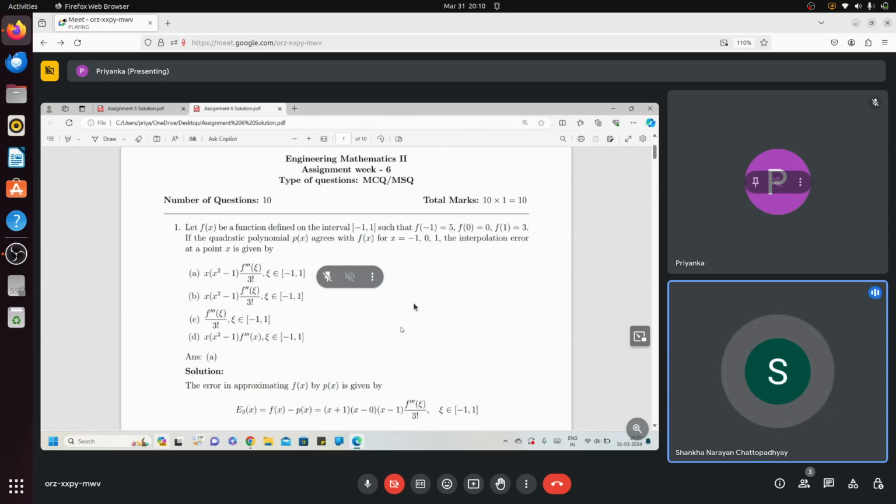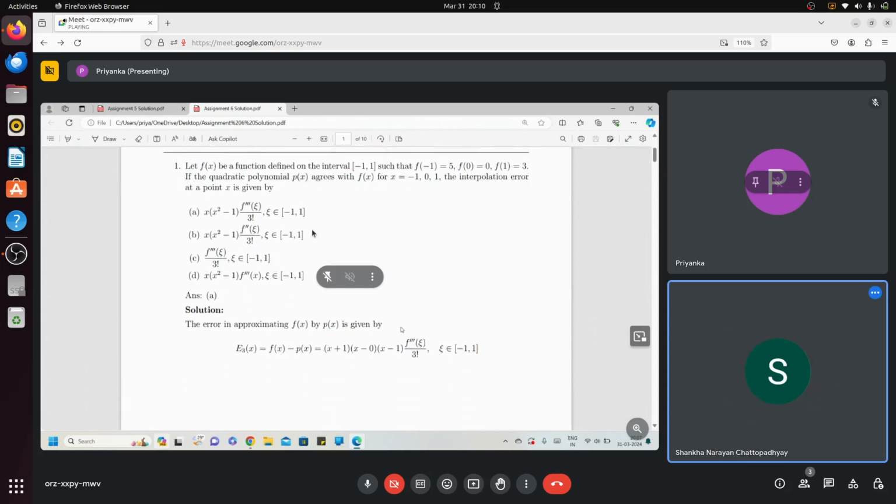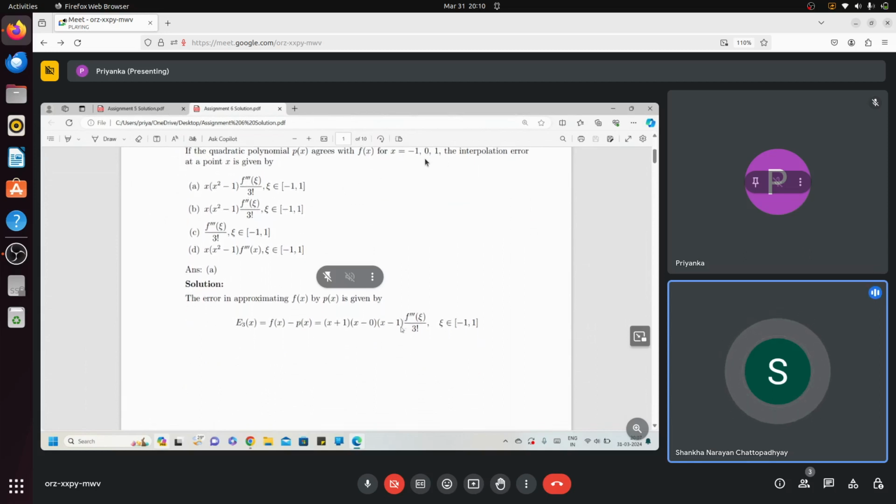So your error will be (x plus 1) into (x minus 0) into (x minus 1), that the instructor has already written, into f triple prime of xi, because you have 3 values. So that's why A is correct. So this is actually the error term.